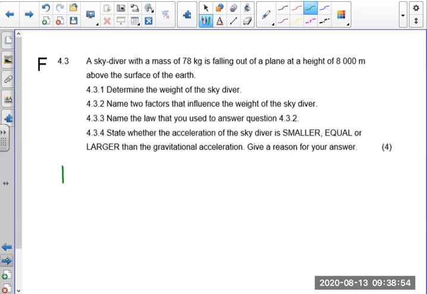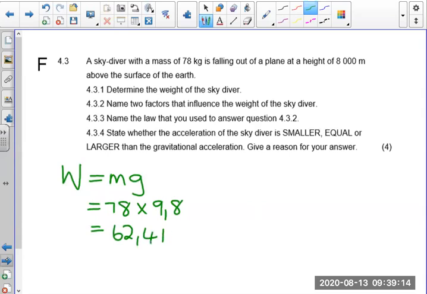Remember, weight is the same as the gravitational force, which is m times g. What is the mass? Mass of the person is 78 times 9,8. And 78 times 9,8 will give us an answer of 62,4 newtons.